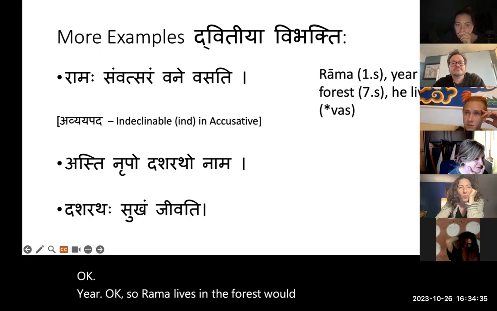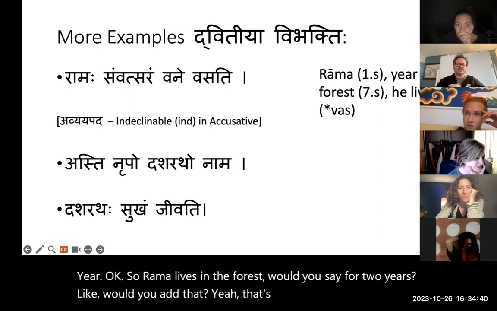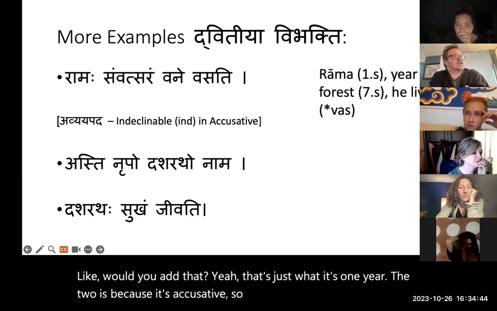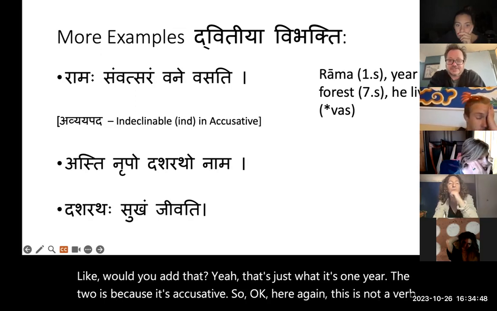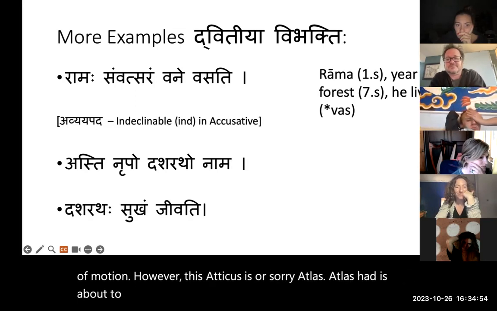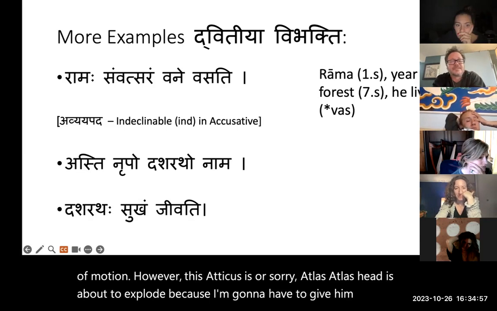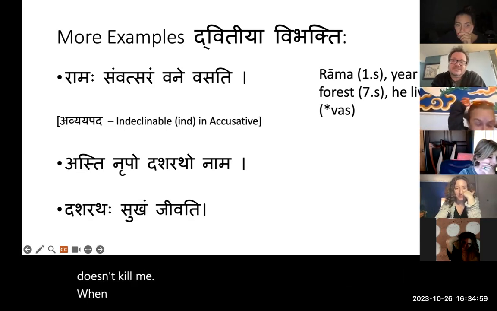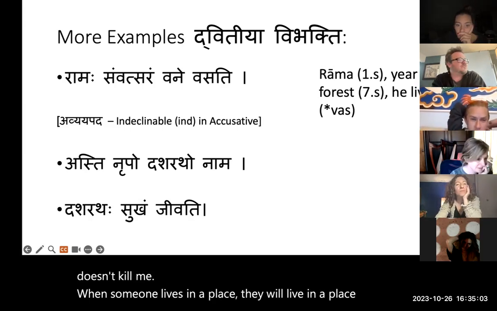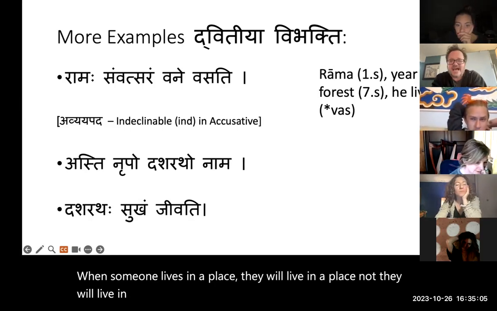Would you say for 2 years? Would you add that? That's just 1 year. The 2 is because it's accusative. So here again, this is not a verb of motion. However, when someone lives in a place, they will live in a place for a time.